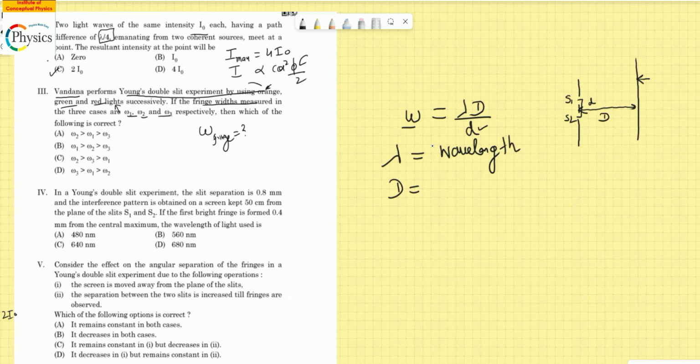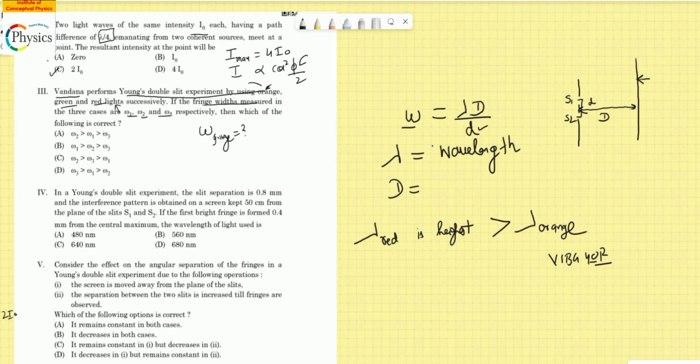If you understand wavelength, you will find that lambda of red is highest, right? Then what is the other color given? So red is highest, greater than lambda of orange.